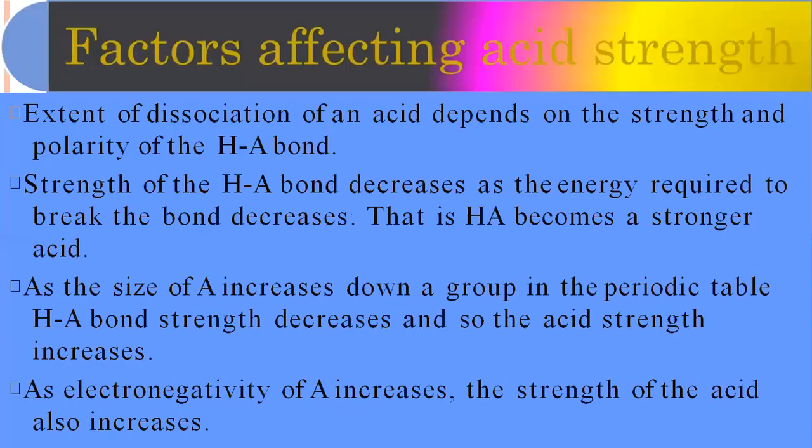Factors affecting the strength: the extent of dissociation of an acid depends on the strength and polarity of the H-A bond. The more the polarity of the bond, the stronger the acid. The strength of the H-A bond, where A is whatever element is attached to hydrogen, decreases as the energy required to break the bond decreases.